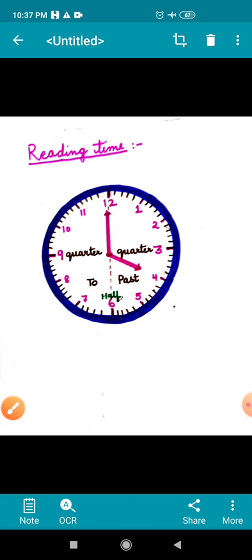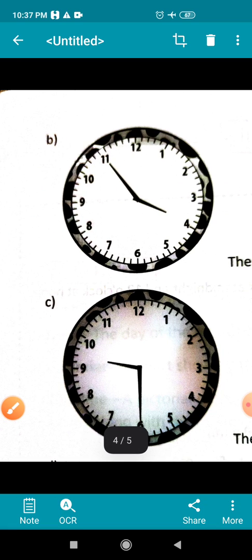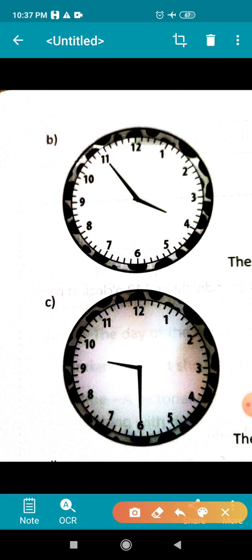Let us take more examples. Children, here in this clock, if you see, the small hand is on 4 and the big hand is on 11. It means it is not a complete 4 in the clock. So how many minutes are left to 4? 5 minutes.